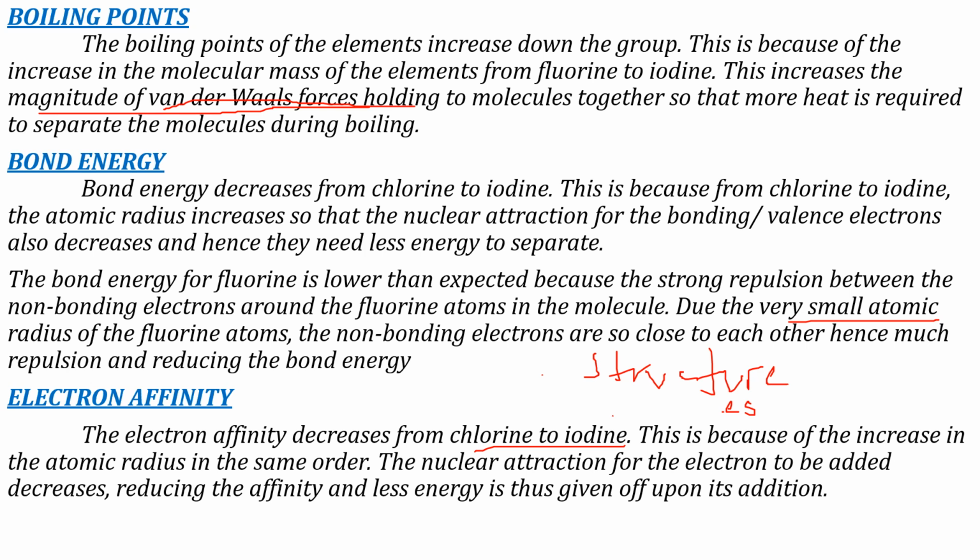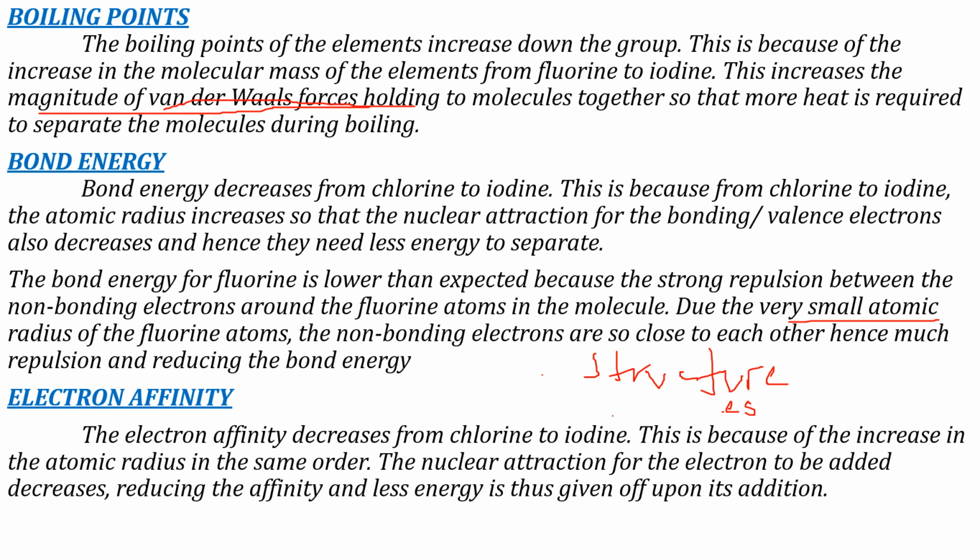And once more energy is being released, we expect an increased value of electron affinity. Now we continue by saying the nuclear attraction for the electron to be added decreases. And it's decreasing because we are increasing atomic radius.